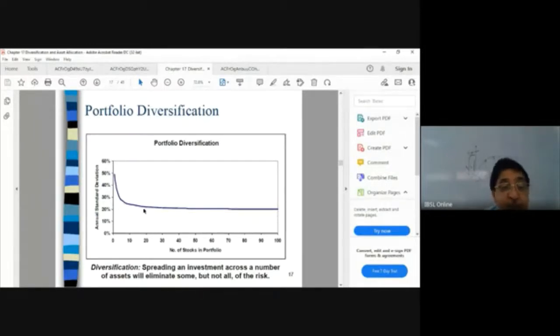If you do further, then your standard deviation gradually keeps coming down to a certain extent, but further it may not be reduced after a certain number of assets. Now just look at it and see the starting point where the curve becomes parallel to the x-axis. Can you look at that?